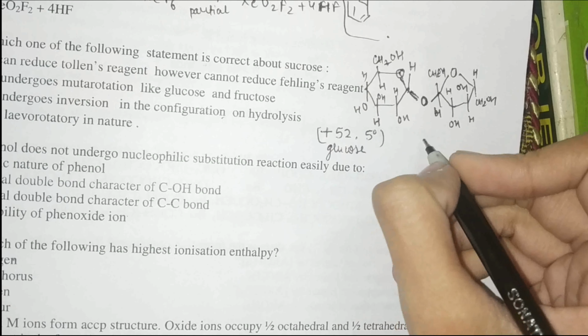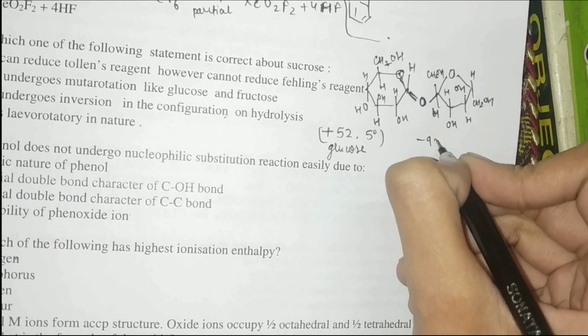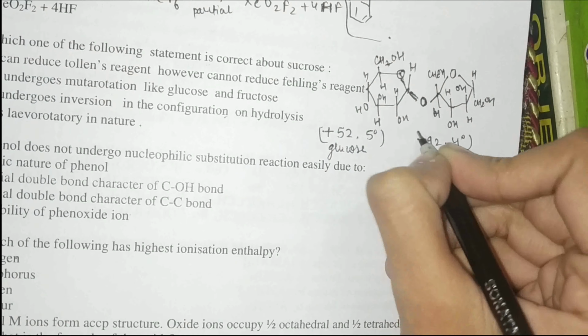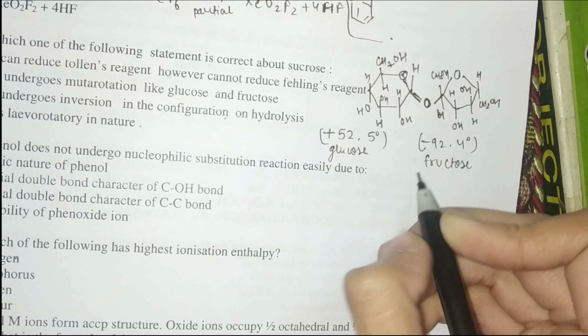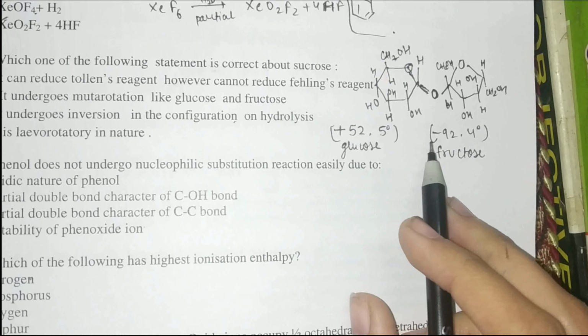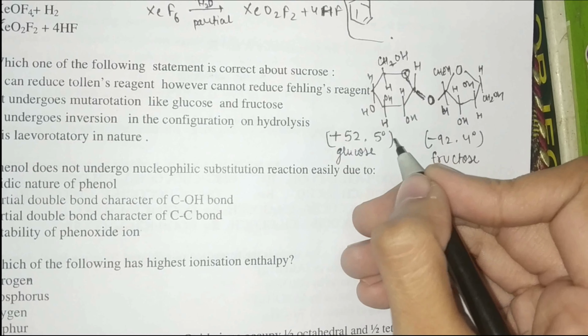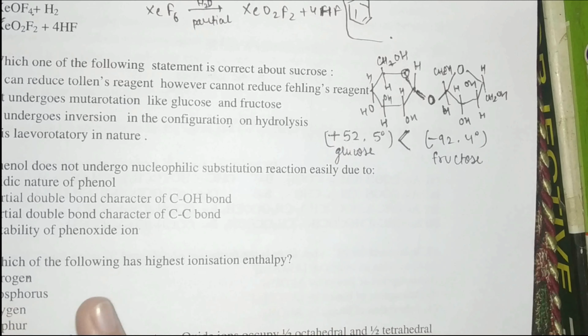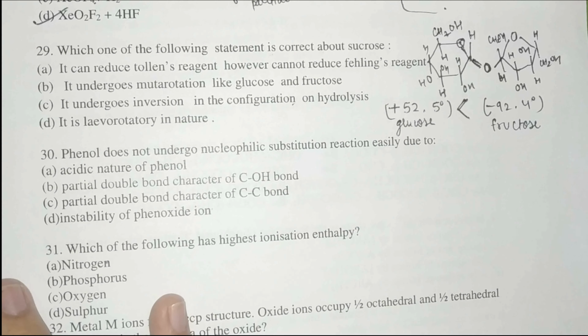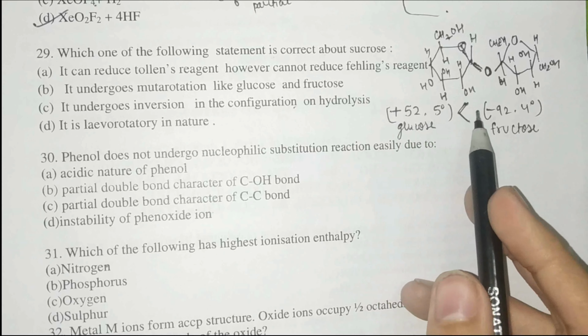And for fructose, the angle of rotation is minus 92.4 degrees, and it is levorotatory because it is anti-clockwise.